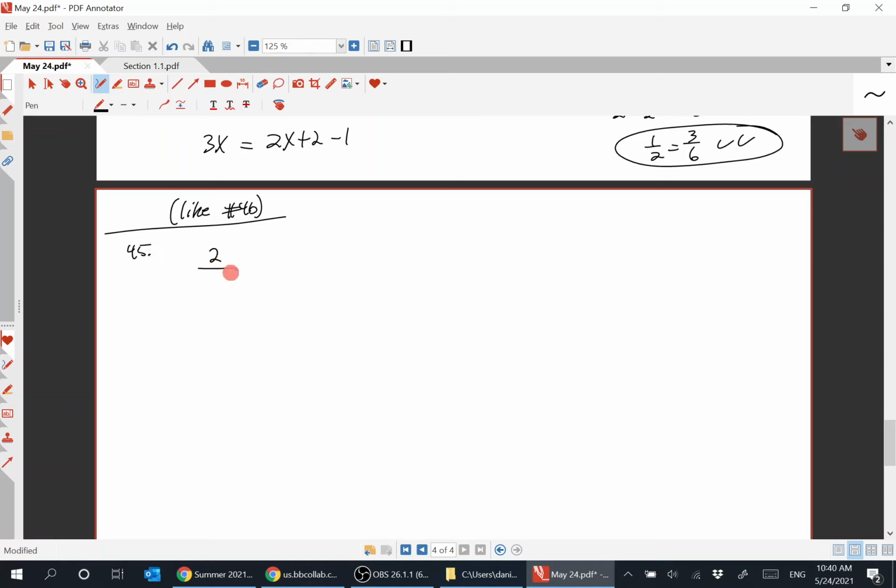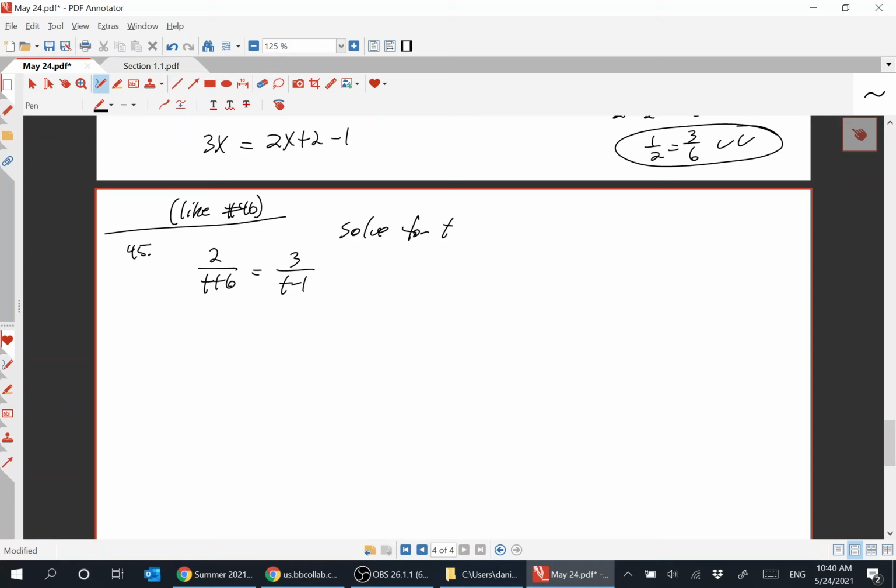So I have 2 over t plus 6. Instead of x, they're using t in this one, which is fine. 3 over t minus 1. So solve for t. All right, so I've got 2 fractions. Now, when you have a fraction equal to a fraction, you may remember this thing called cross multiply.